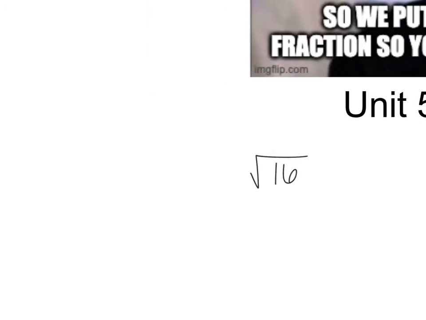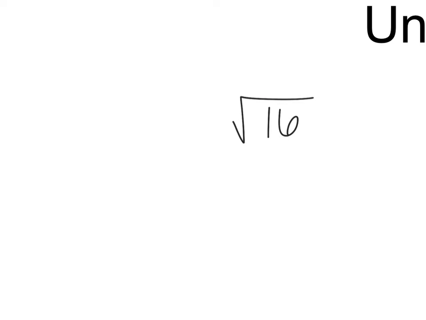So let's recap on how to do a square root. The square root of 16: you're thinking, what number to the second power equals 16? The answer is 4, right? Because 4 times 4 equals 16. Is there another number? The answer is yes.